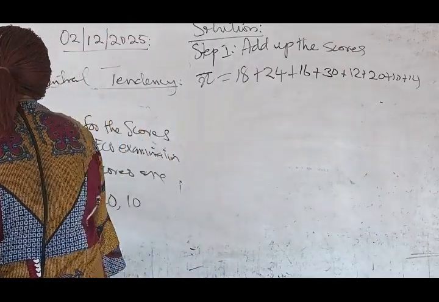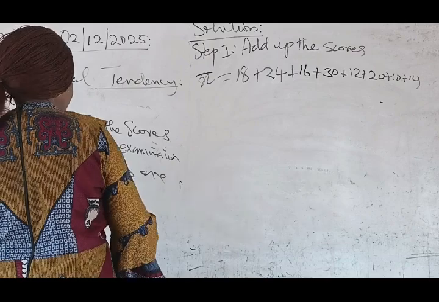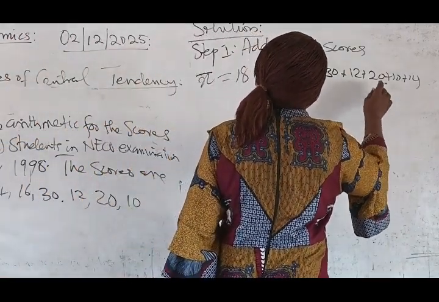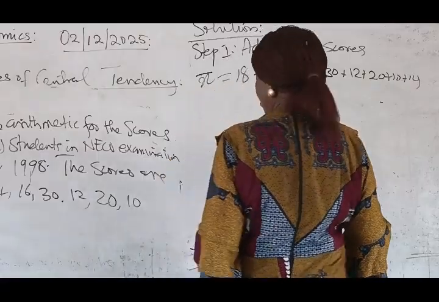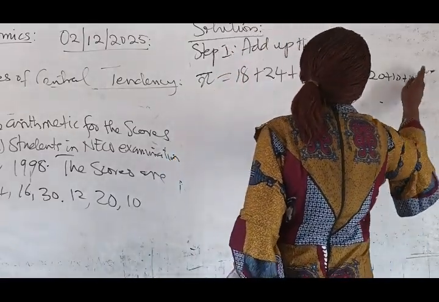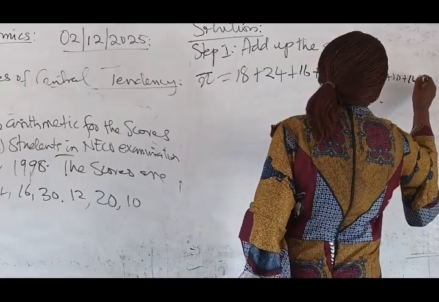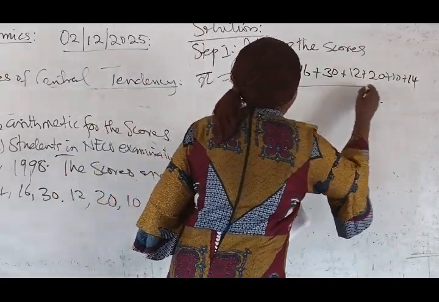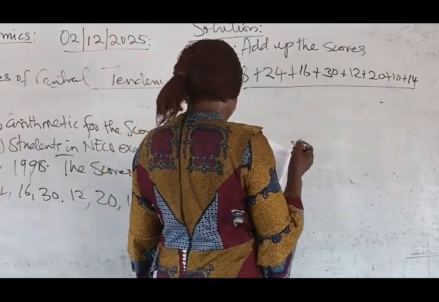You count: 1, 2, 3, 4, 5, 6, 7, 8. Our n is 8.